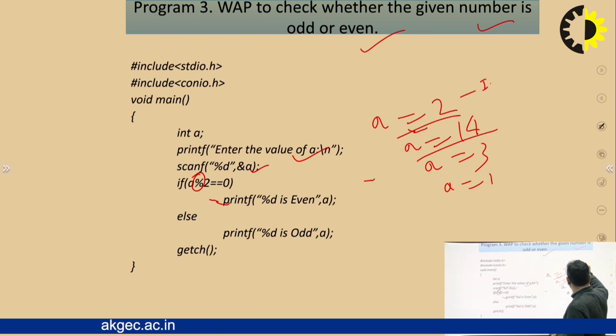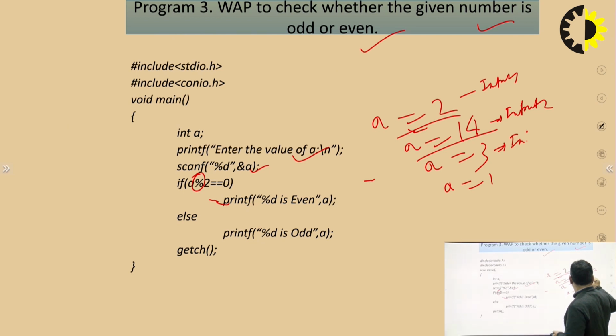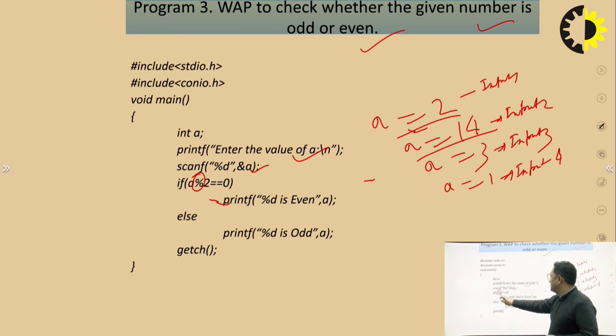Input 1, input 2, input 3, and input 4. Right. So for all these sets of inputs, let's check this condition. This modulus gives the remainder. If the remainder is 0, then the number is divisible by 2 and is even, right?